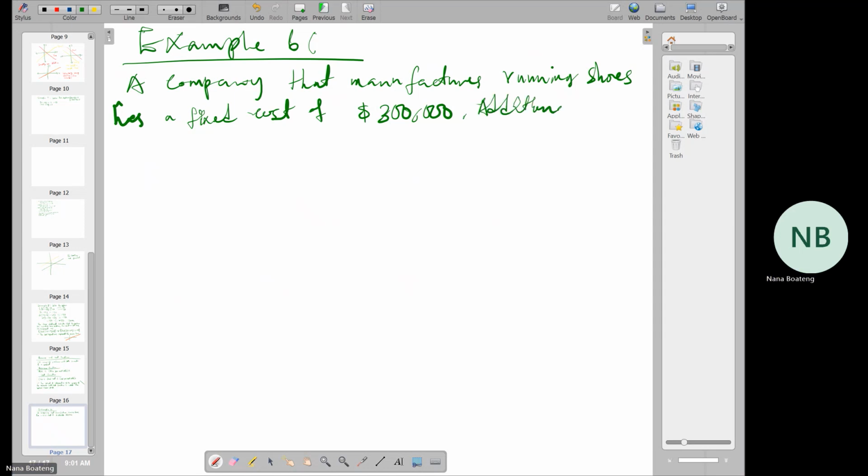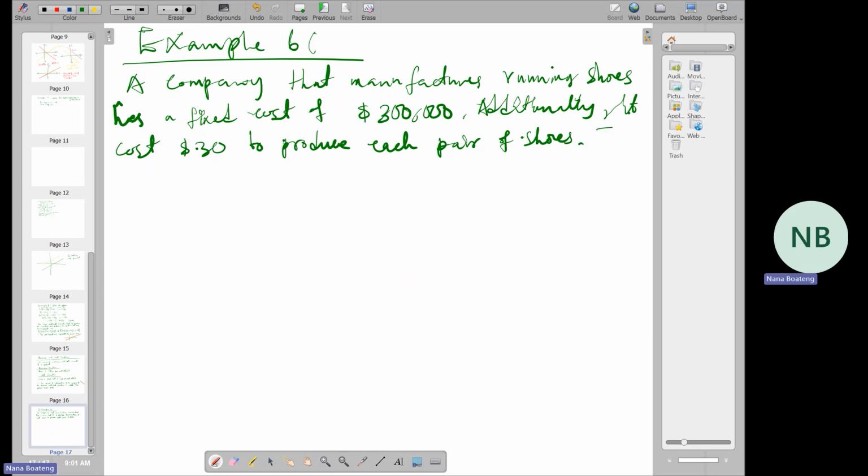Additionally, it costs $30 to produce each pair of shoes. They are sold at $80 per pair.